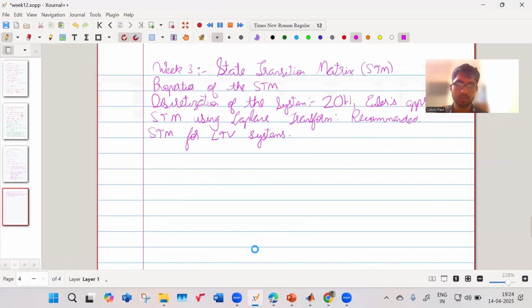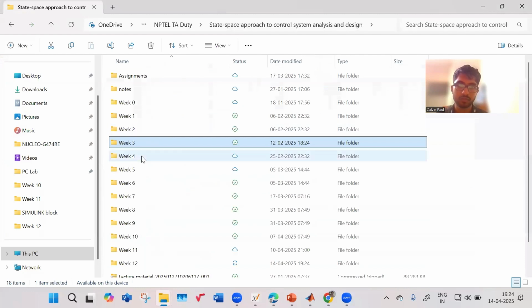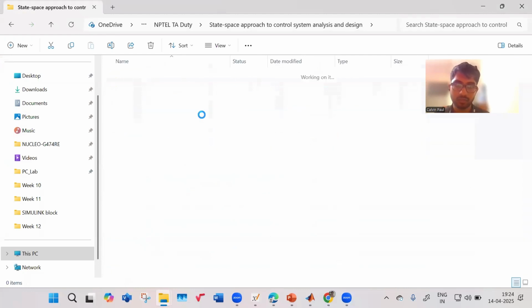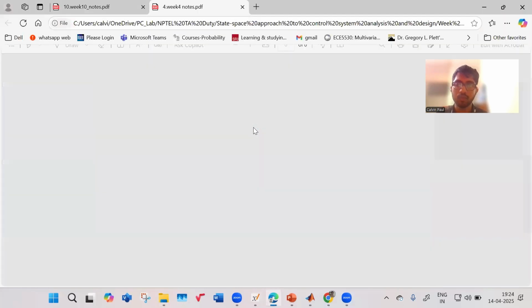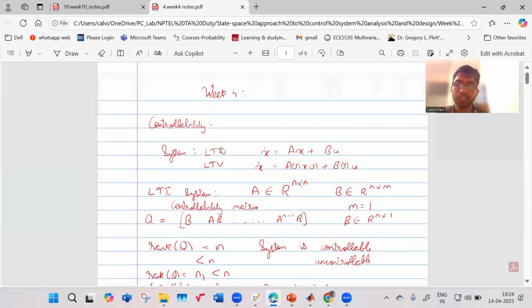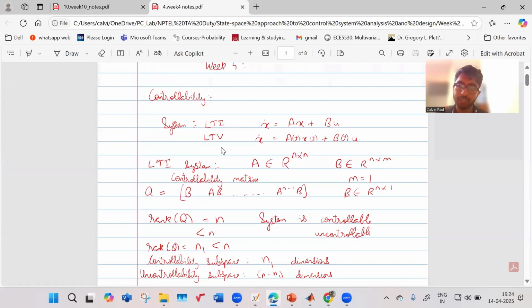In week 4, we have considered what is known as controllability. What is the controllability matrix?